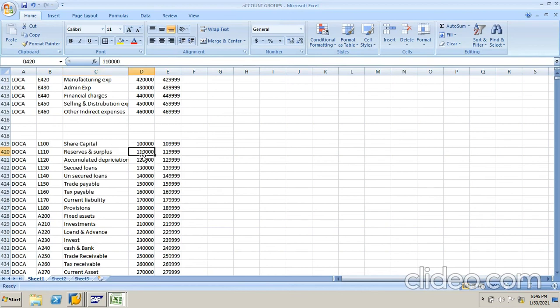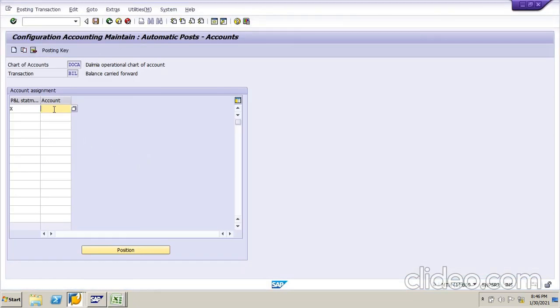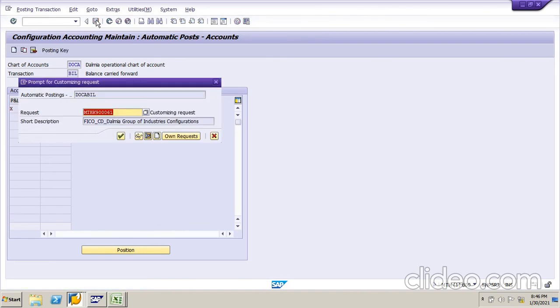So I am giving the number range from 110000. So just give X 110000 and save the data. Just ignore the error message because till now we didn't create any GL for this, and save. Enter. Save the data.